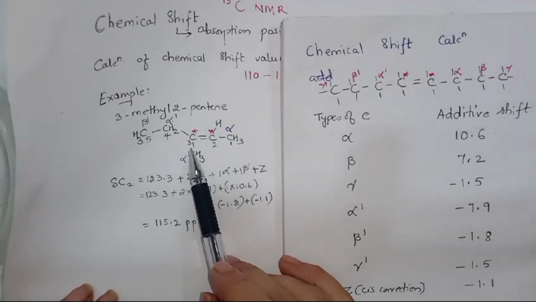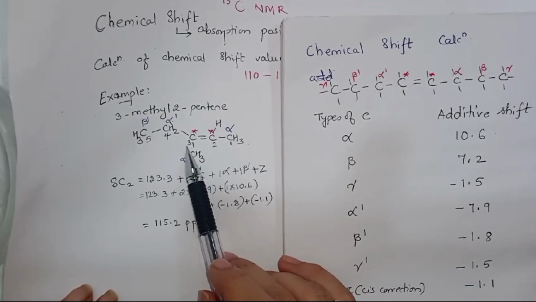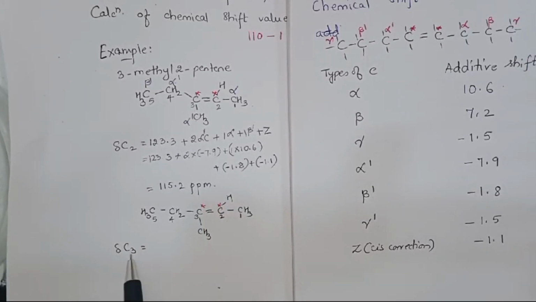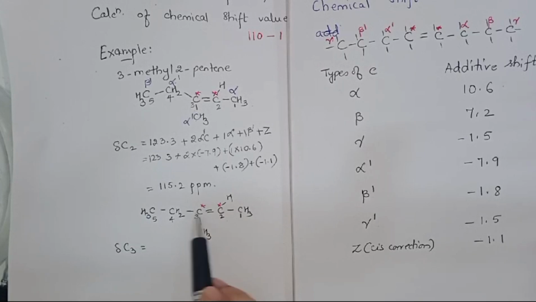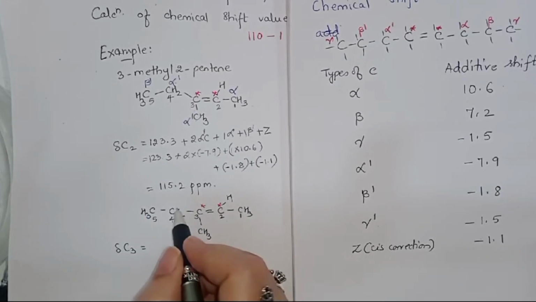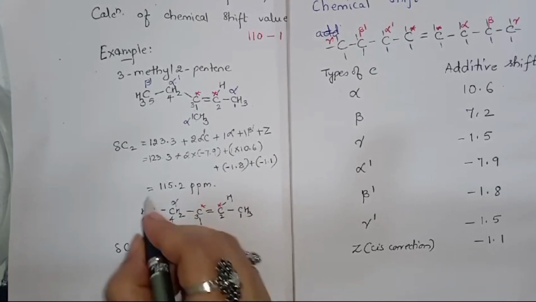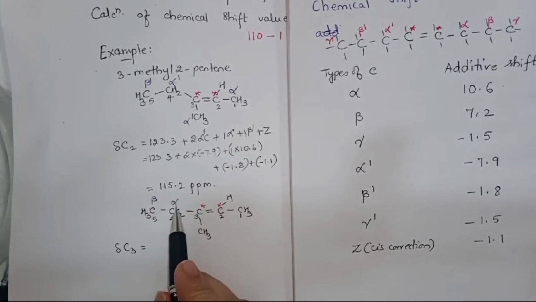Now let us do it for carbon number 3. Chemical shift for carbon 3. Now since we are counting on this side, these sides will become alpha. This is alpha. If this is alpha, this will become beta. If this is alpha, the carbon next to the star carbon will be alpha.